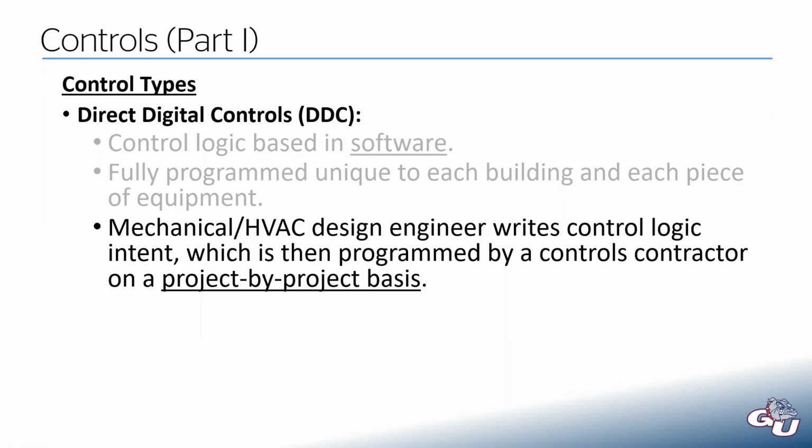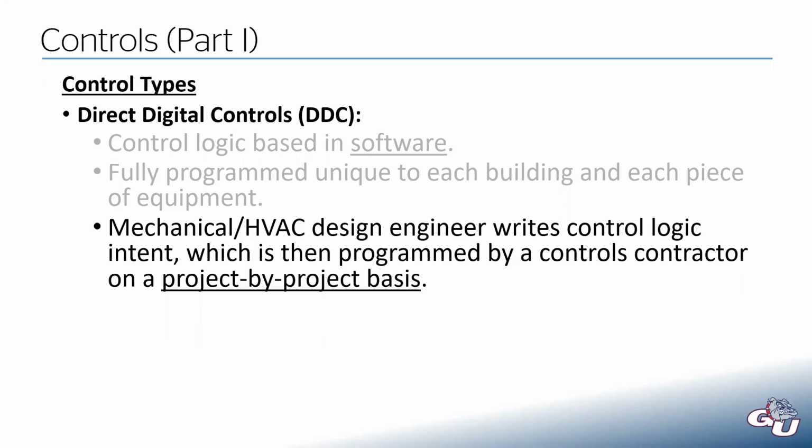I'm writing the intent. It's more of a narrative basis where I say, this fan needs to run when these things are true. It needs to turn off under these conditions, et cetera, et cetera. So I write that intent, and then I give that to a controls contractor, and then they will program it. And this is done on a project by project basis.